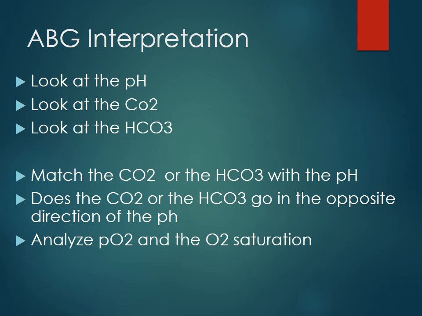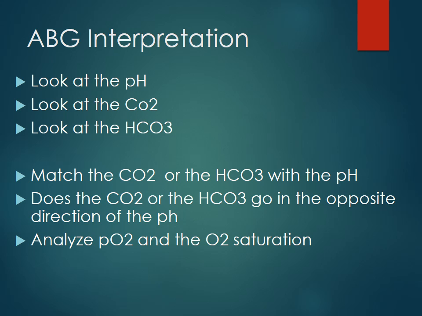And then the last step is I look at the O2 saturations, the PaO2 and the SaO2, and I find out how much, if any, hypoxemia is going on there. So mild hypoxemia is going to be 50 to 60 for PaO2. PaO2 is what I'm talking about. Moderate hypoxemia is going to be 40 to 50, and severe hypoxemia is going to be less than 40.